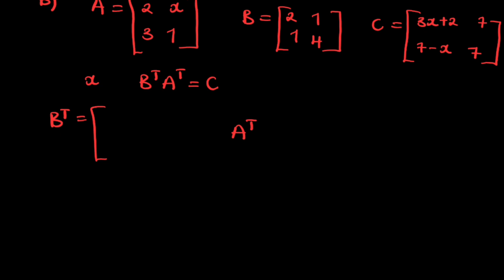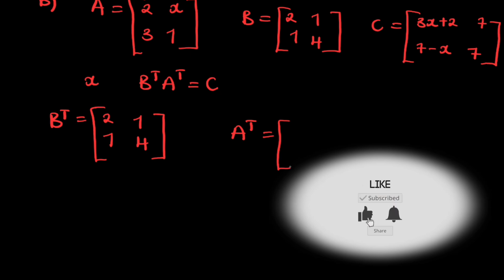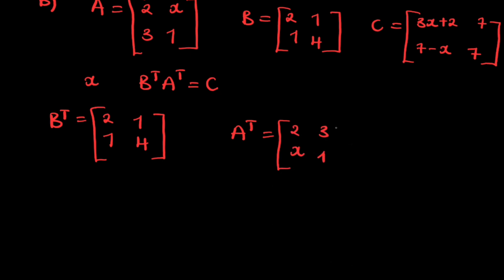For the transpose, we just replace the rows with the columns. The first row of our original matrix becomes the first column of our transpose matrix, and the second row becomes the second column. As easy as that. So we have 2 1 and 1 4. So this is our B transpose, and for our A transpose we have 2x and 3 1.